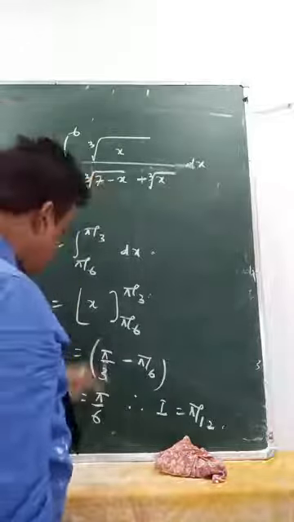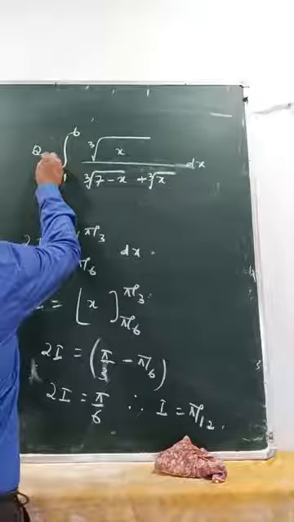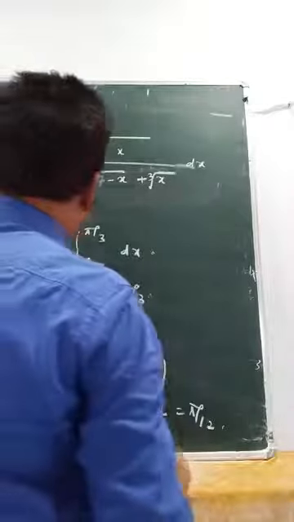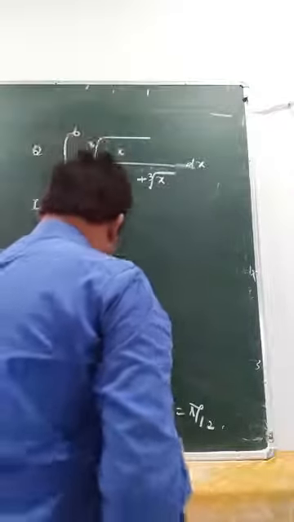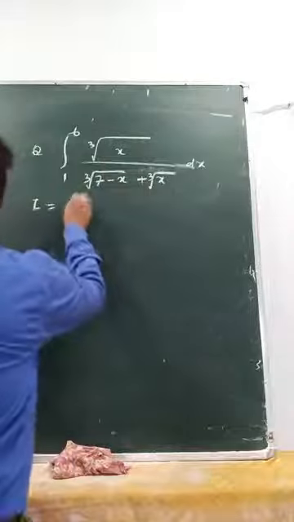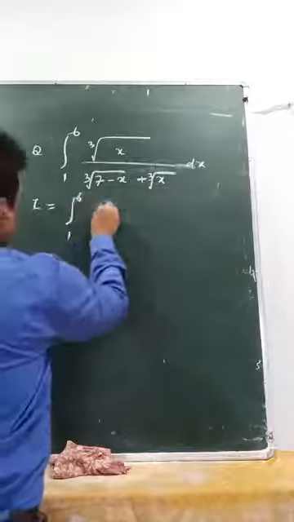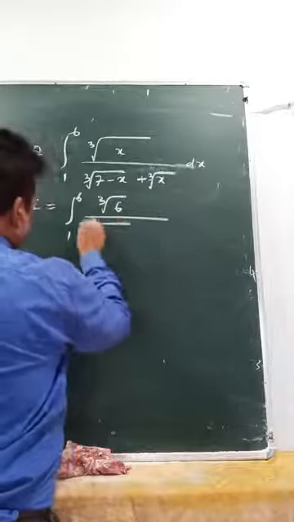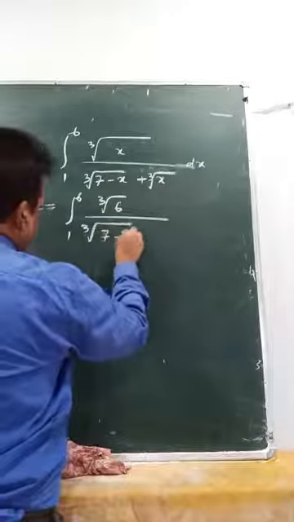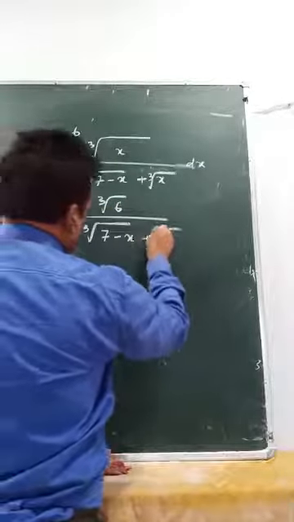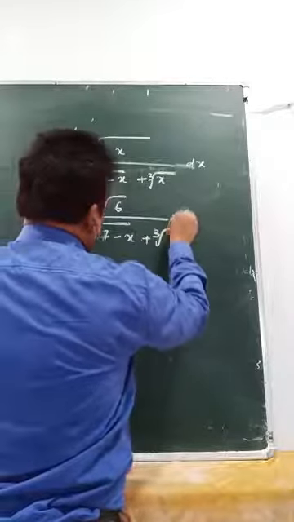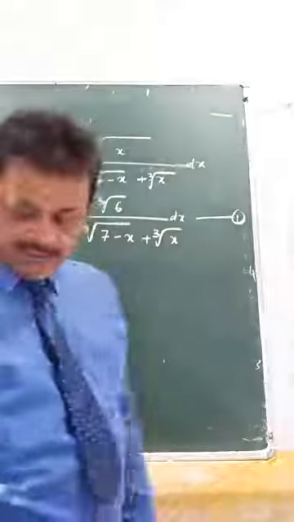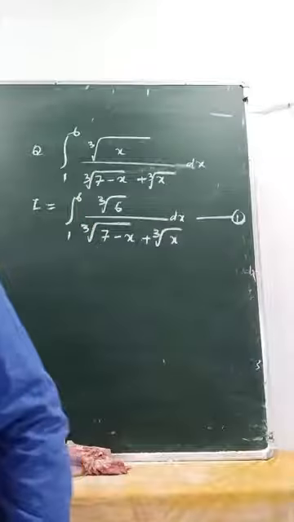That means this is related to, I can write I equals integral from 1 to 6 of cube root of x by cube root of 7 minus x plus cube root of x. This is equation number 1.